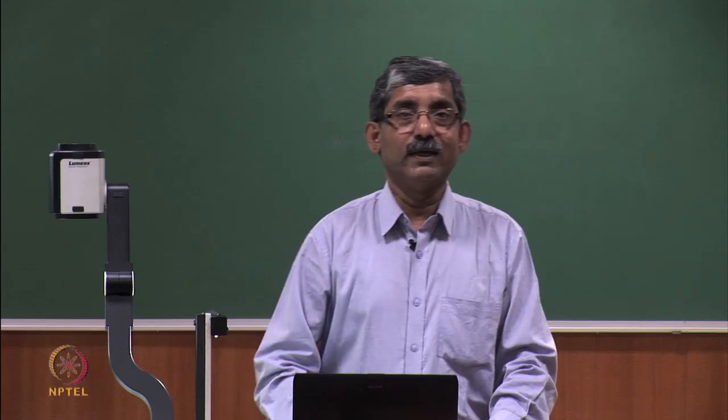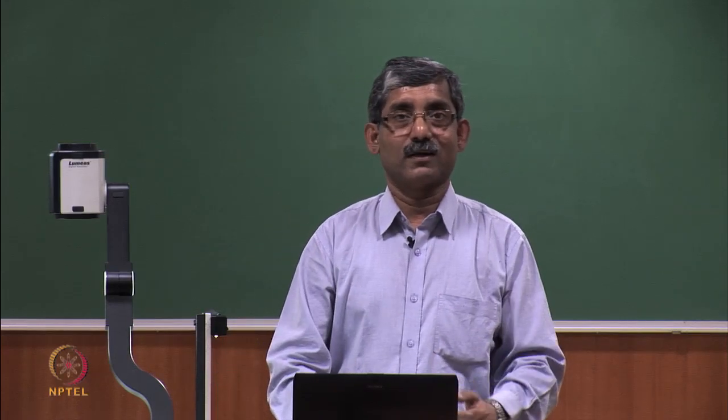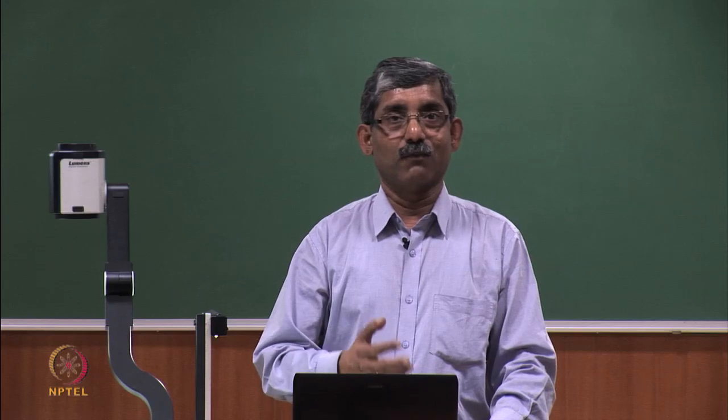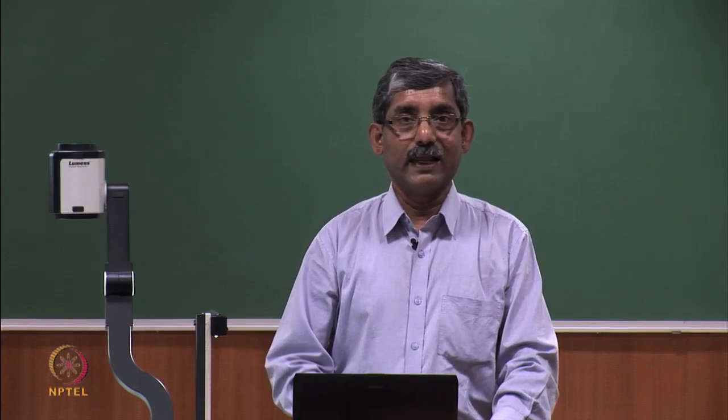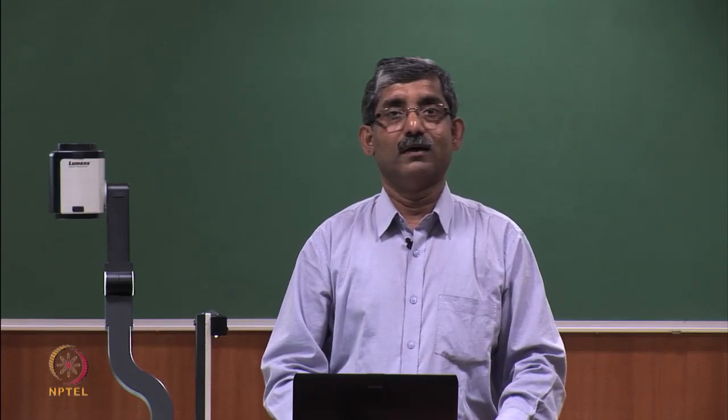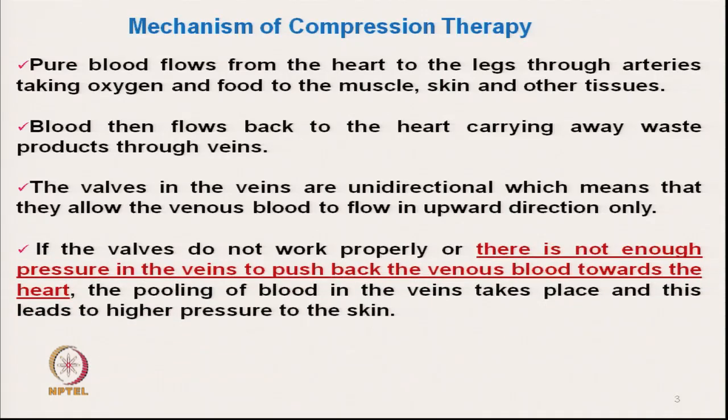For that we need certain pressure, so that the blood flows from the leg to the heart through the veins. If the valves do not work properly, or there is not enough pressure in the veins to push the venous blood back towards the heart.